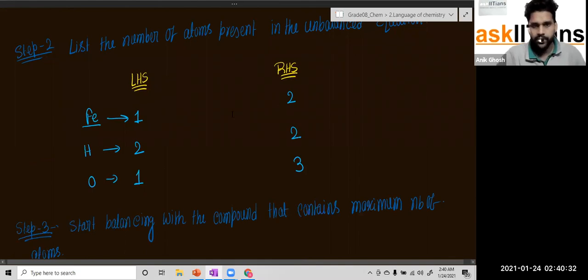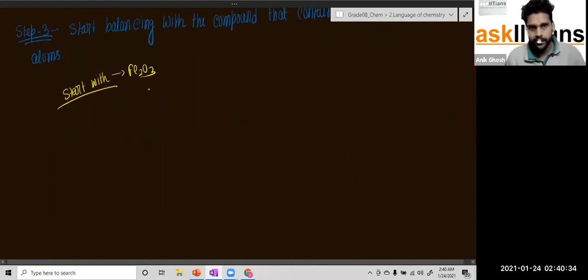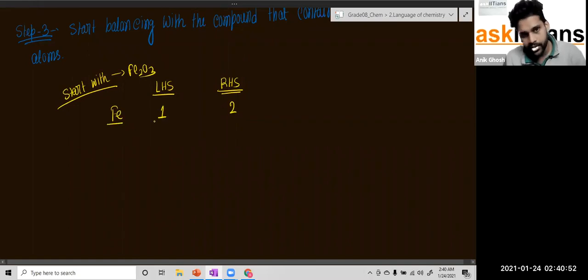I'm just writing it again. So LHS and RHS. Fe2O3 is on the right hand side. So I am writing Fe first: there is 2 and there is 1. There was hydrogen as well.